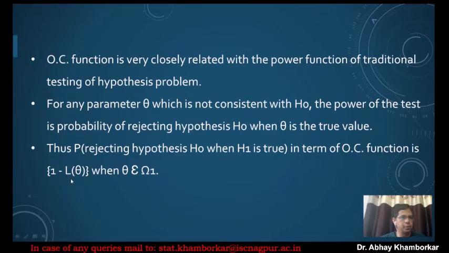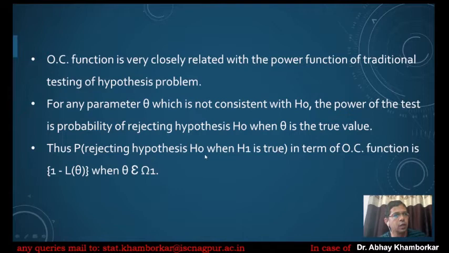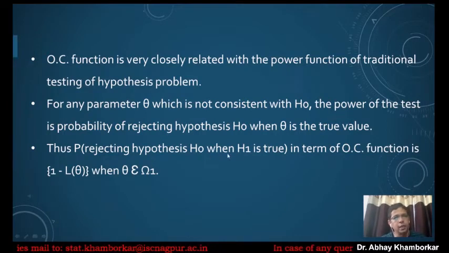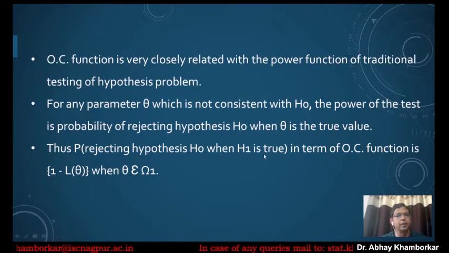We saw on the previous screen that 1 minus L theta is nothing but the probability that we are going to reject the hypothesis H naught. Now I have added one additional sentence: when H1 is true. So if we consider this whole statement, this is nothing but rejecting the hypothesis H naught when H1 is true.